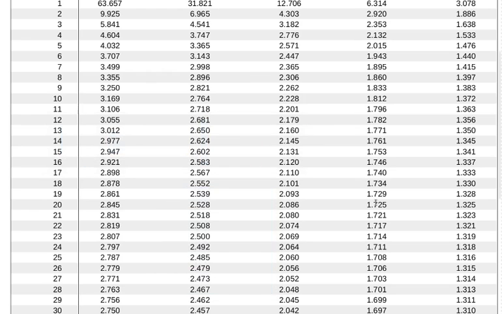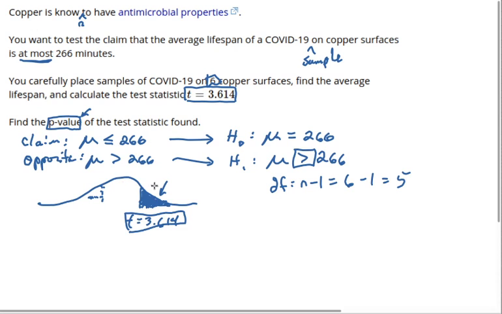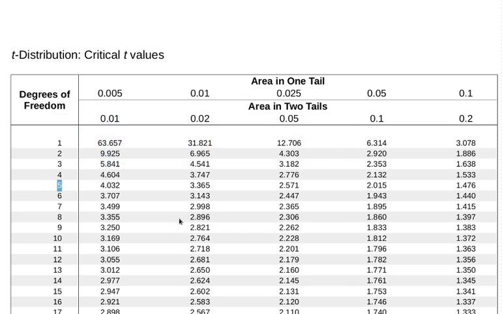So looking on our t-distribution table, I'm going to go to row 5, that's my degrees of freedom, and I'm going to look for 3.614, my test statistic. Now I almost never will find it in here, but I can tell that it's between these two in row 5. It's bigger than 3.365 and it's less than 4.032. So that means my p-value is going to be between these two areas for those columns.